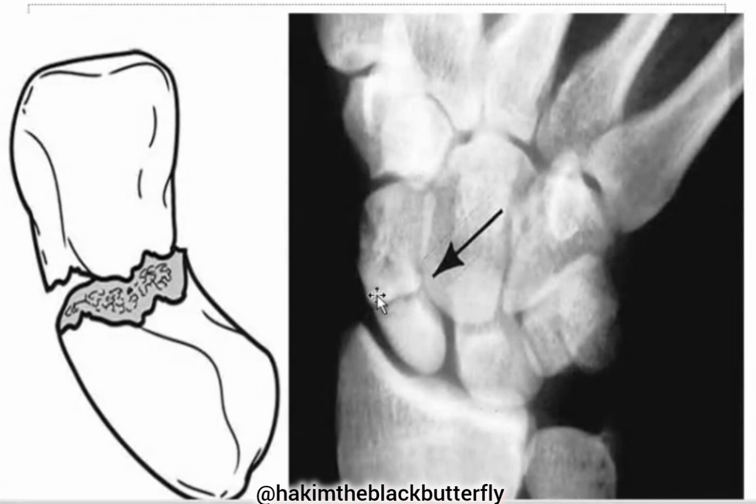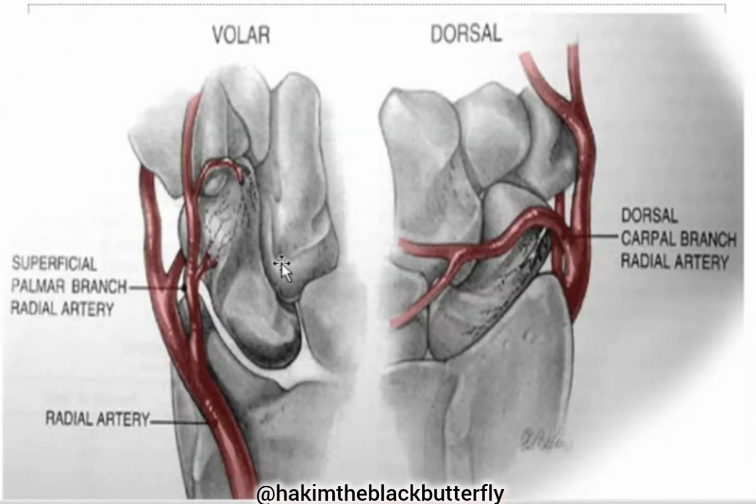Why do we worry about this fracture? The scaphoid bone is supplied by the radial artery, both anteriorly and posteriorly. So when the scaphoid bone fractures, the fracture is going to injure the artery, and blood supply is going to be cut off from the scaphoid bone. And if this bone is no longer receiving blood, it's going to die off.